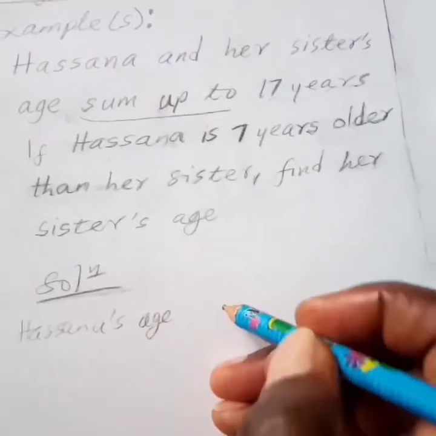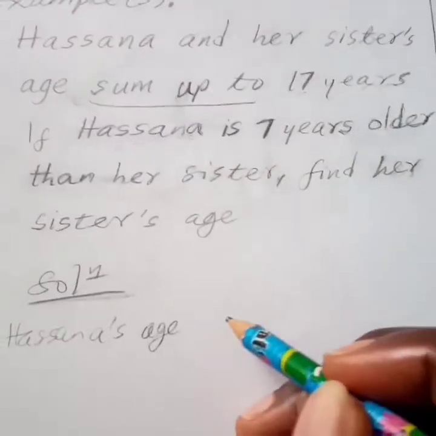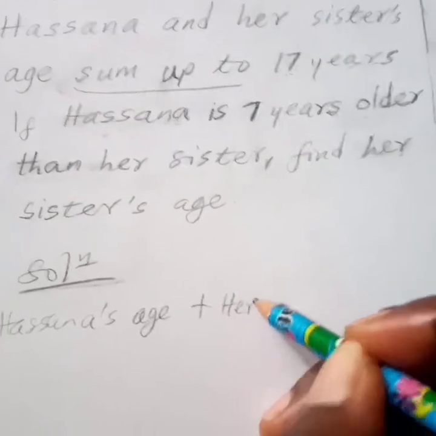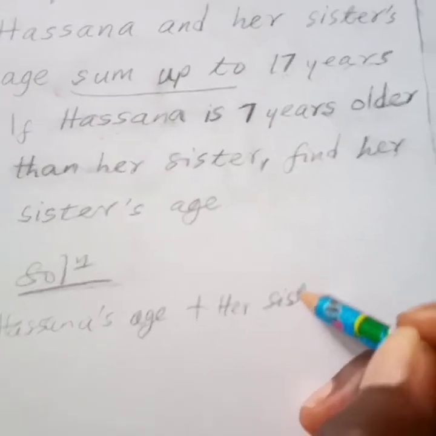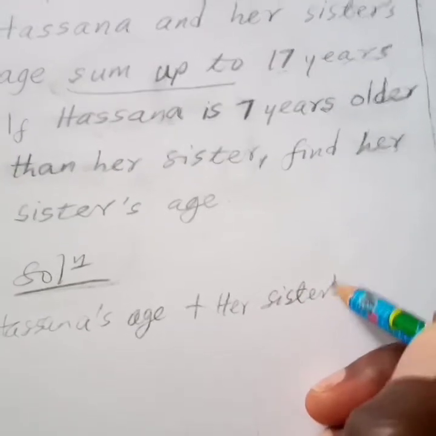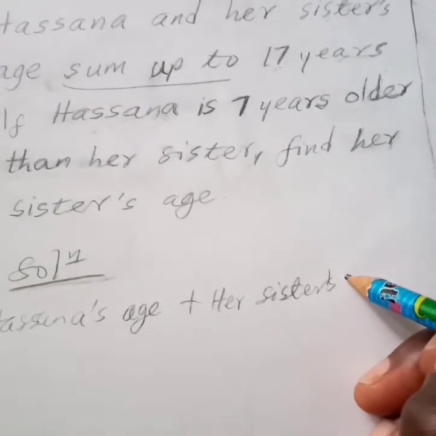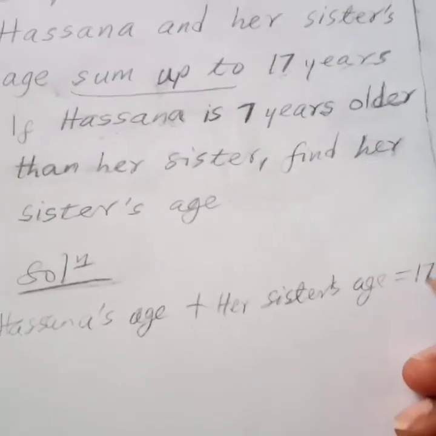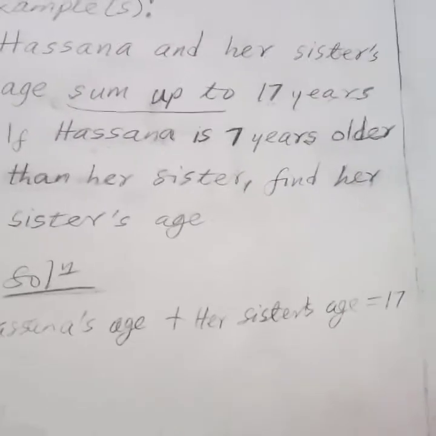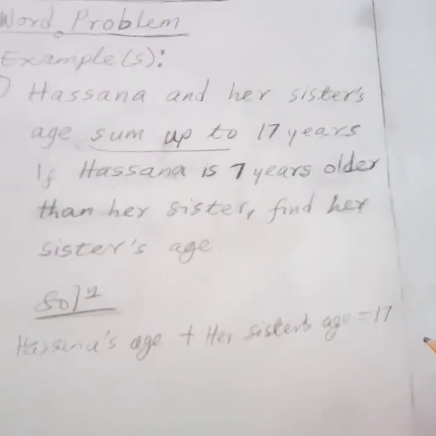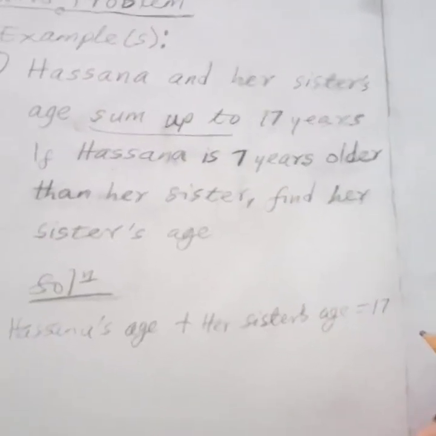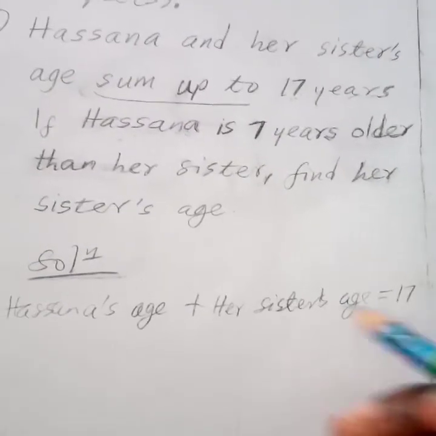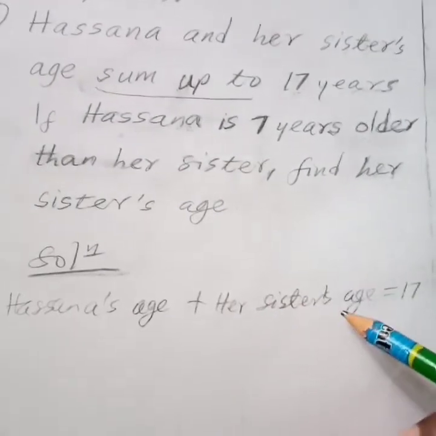Hasana's age plus her sister's age is equal to 17. That is what we have gotten from the first statement.